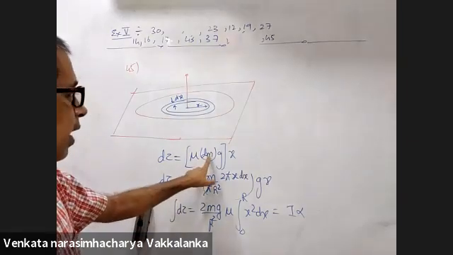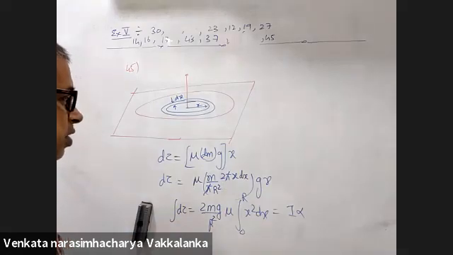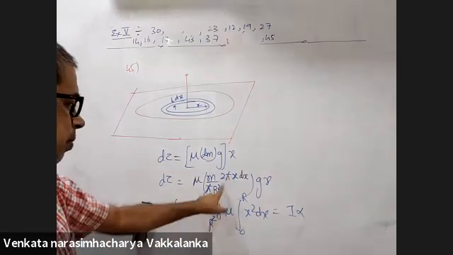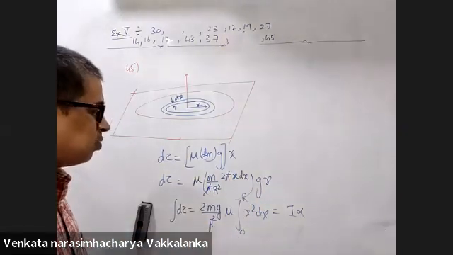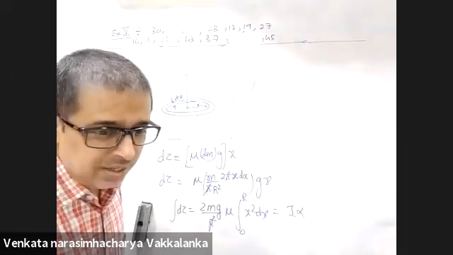Here dm is the mass of the ring, mass per unit area into 2 pi x dx, into g x. 2 m g mu upon r square, pi got cancelled, integral x square dx is equal to I into alpha. Find out alpha.